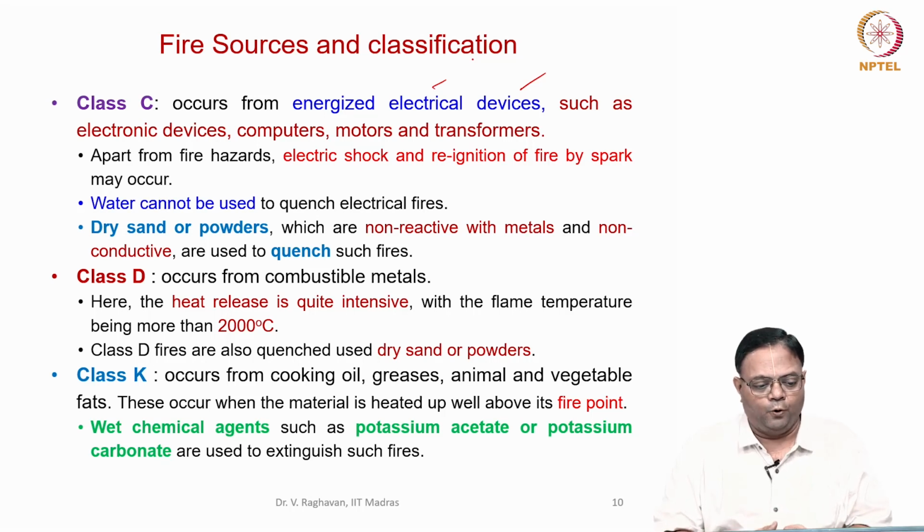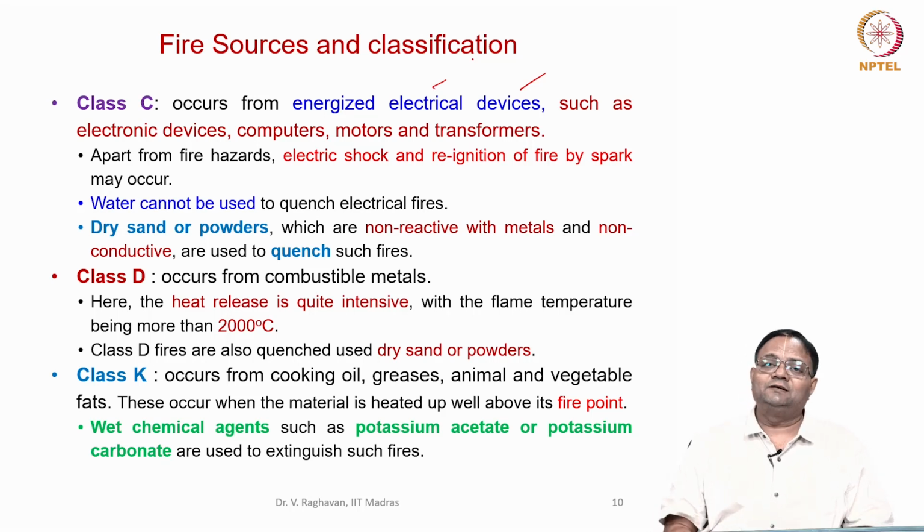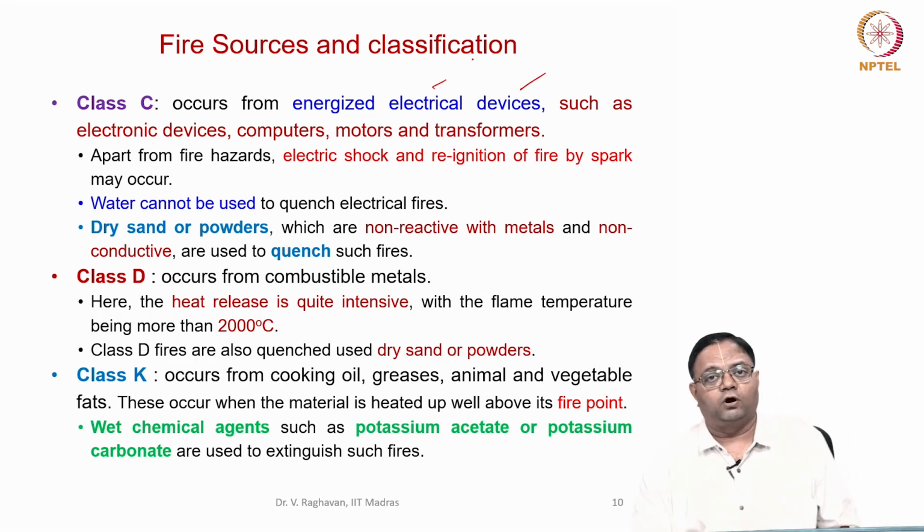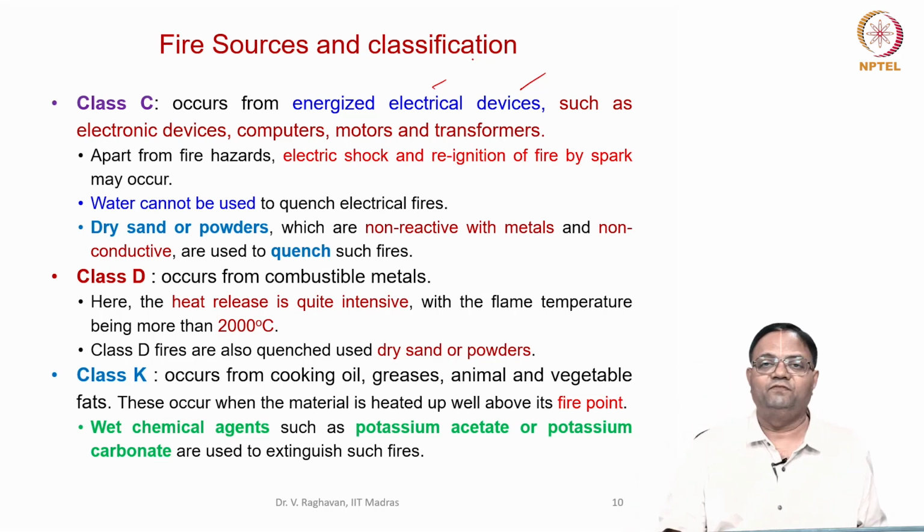Fire hazards commonly include toxic products, smoke layers, etc. Apart from that, electrical shock and reignition can also occur due to a class C fire, basically due to the energized electrical devices.